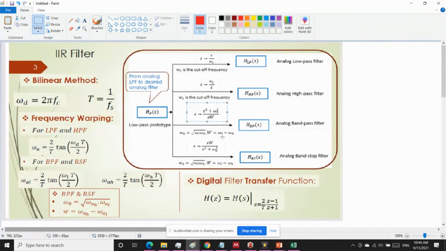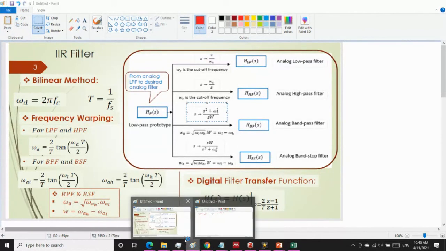The difference between them, omega low minus omega high, low minus high. So we have to remember that. Pay attention to that.